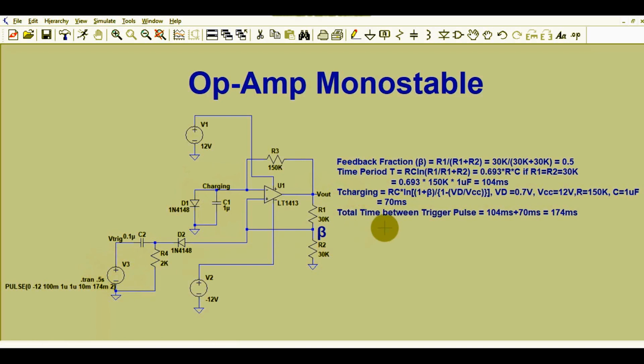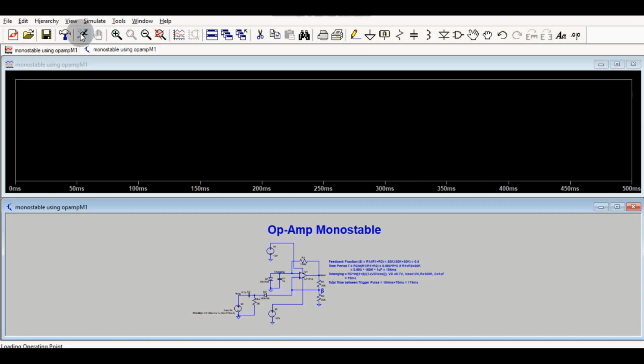So the total time period between two trigger pulses, one trigger then another trigger, the delay time between them should be 104 plus 70 millisecond, which is equal to 174 millisecond.